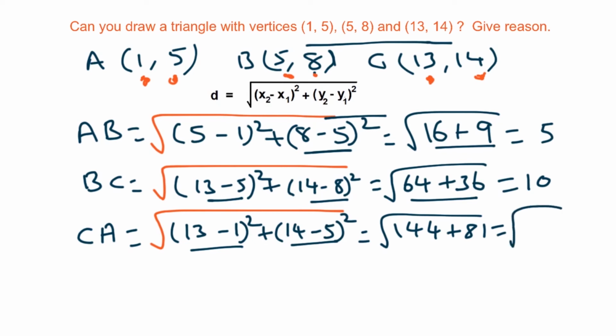So if you add them up, 144 plus 81 is 225, which is square root of 225. Square root of 225 is 15.